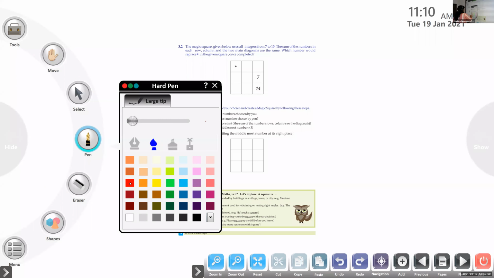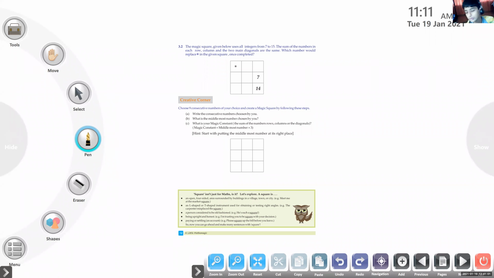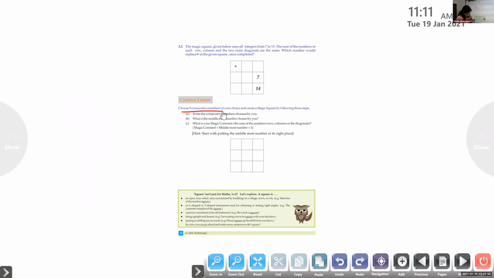I'll give the numbers because otherwise we will consume a lot of time. The numbers are from 15 to 23. Okay, 15 to 23.